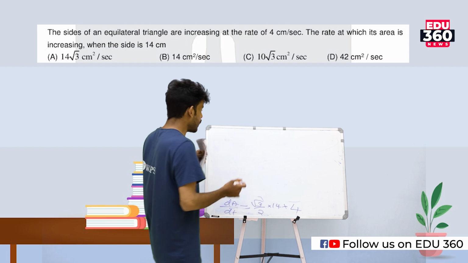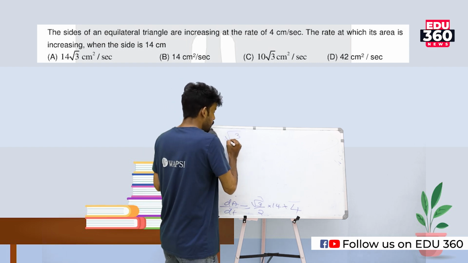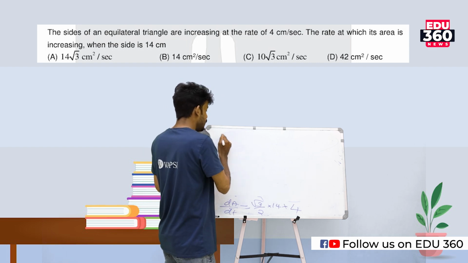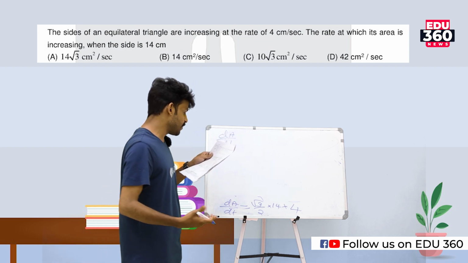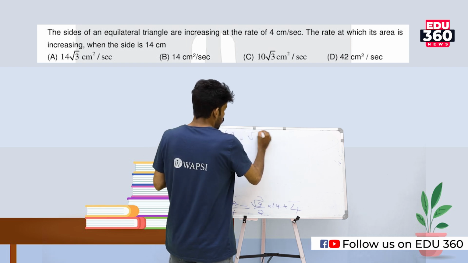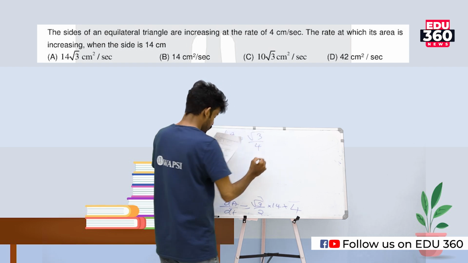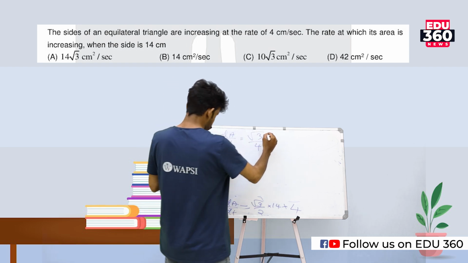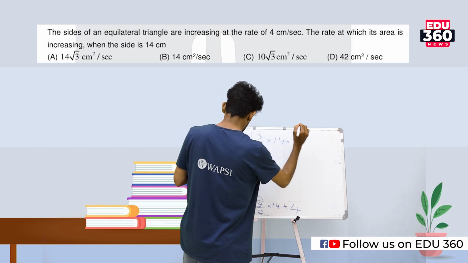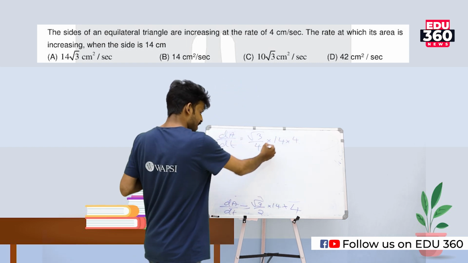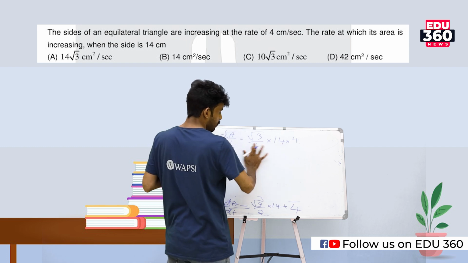So let me write dA by dt here. What is dA by dt? The rate at which its area is increasing. dA by dt is equal to root 3 by 4 into 14 into 4. We can cancel here. Sorry, this is 2, it's not 4.